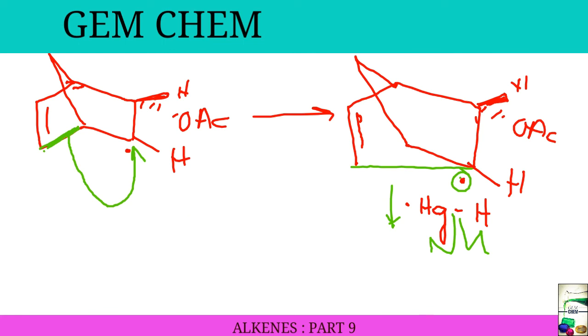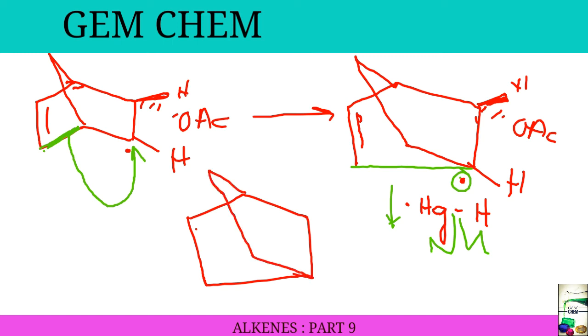So ultimately what forms is this one, that is this one, and this one, and here a hydrogen comes, so the free radical is gone, and this is H, and this is OAc.